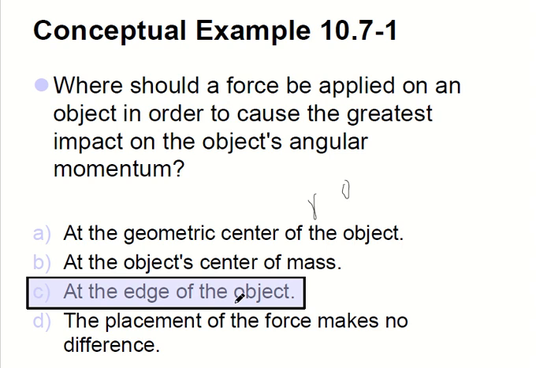The next one, at the edge of the object. Yes, that is correct, because if you apply the force at the edge, it would definitely create translation and rotation. So you would definitely get the maximum torque, and also the maximum change in your angular momentum. The last one says the placement of the force makes no difference.